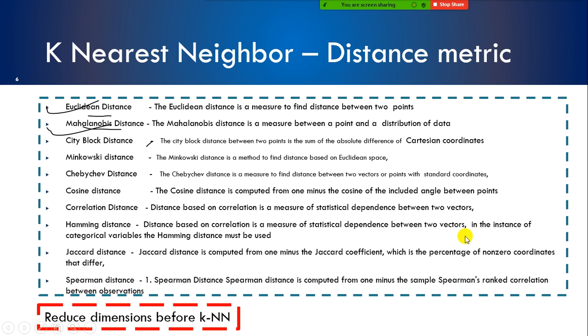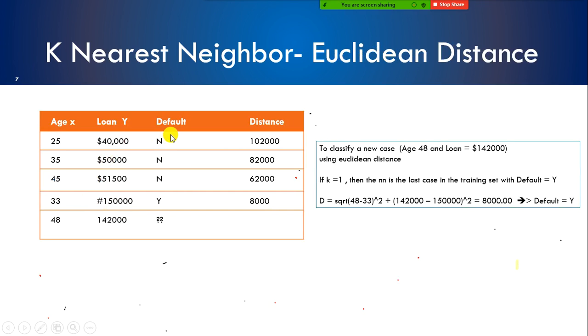Okay, let's look at this simple example so that you'll be able to understand very clearly. Let's say I want to classify this guy. This customer has applied for a loan. My model has to predict the class label for him given the past data. So this data is already available.